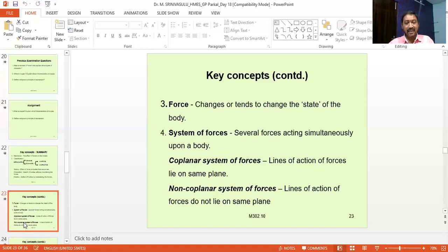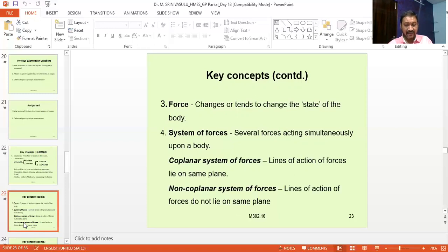If the lines of action of the forces lie in the same plane, then they are called coplanar forces. And if the lines of action of all the forces do not lie in the same plane, but lie in different planes, then the forces are called a non-coplanar force system.